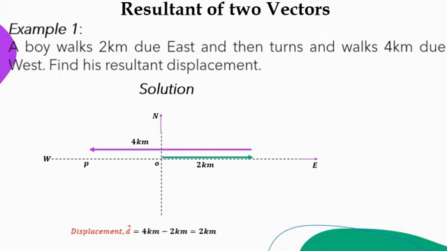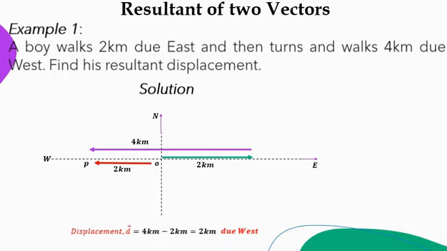Recall we said that whenever you have two vectors acting in opposite directions, the resultant is going to pick the direction of the greater vector. So in this case, the resultant displacement is going to point due west. And that's what we are having in this problem.